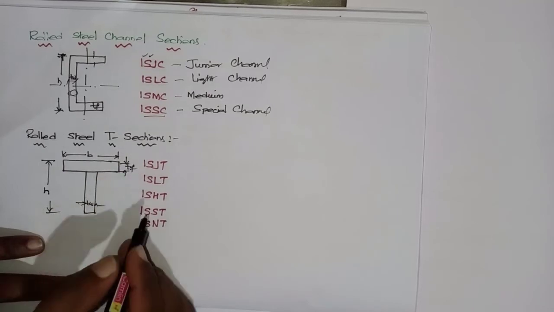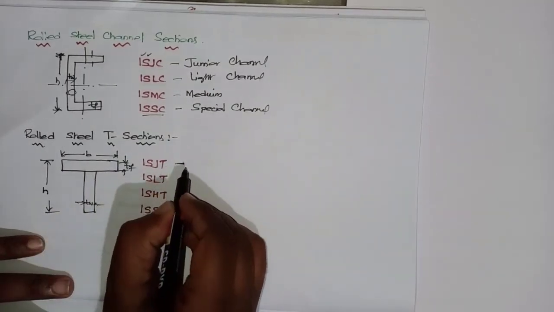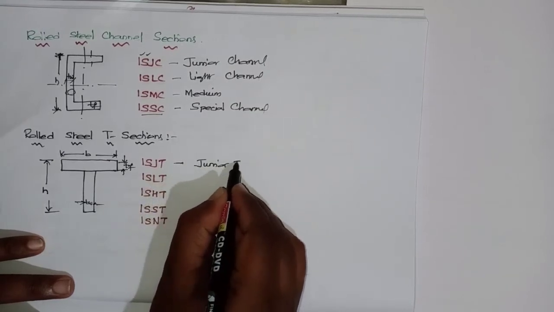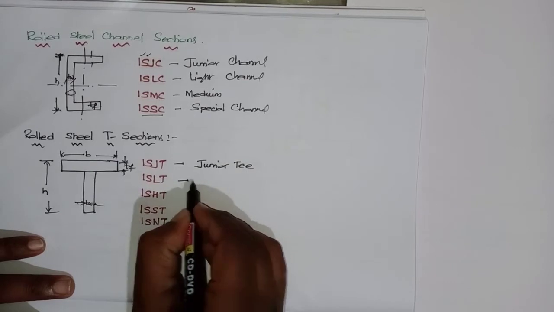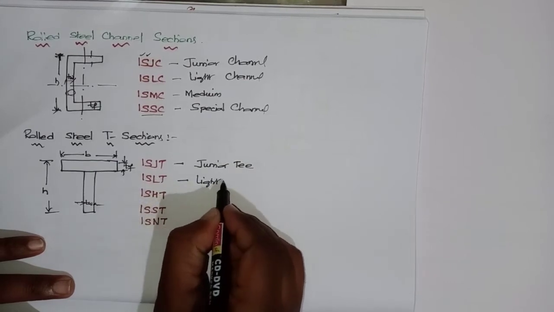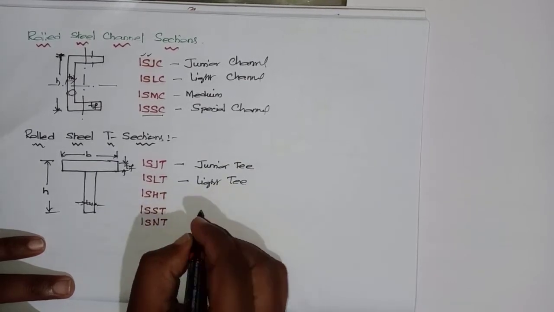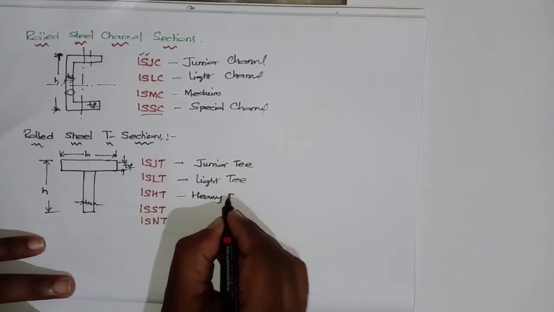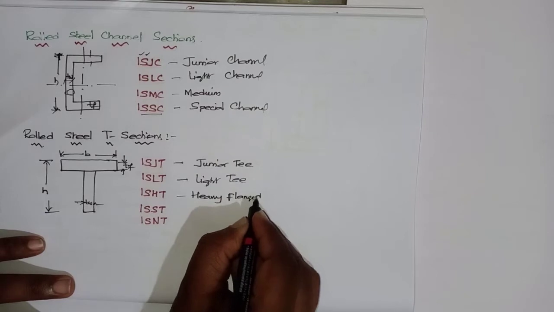Now what does ISJT mean? Junior T bars, light T bars, heavy flanged T bars.